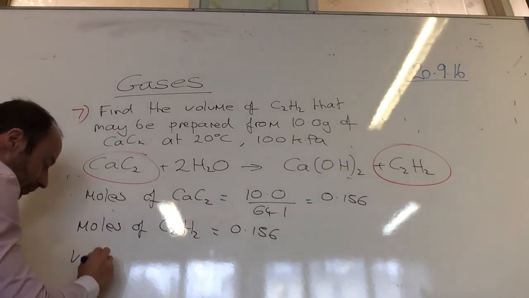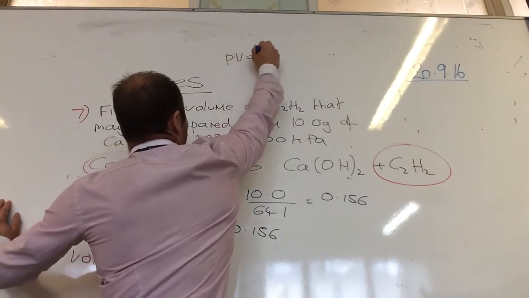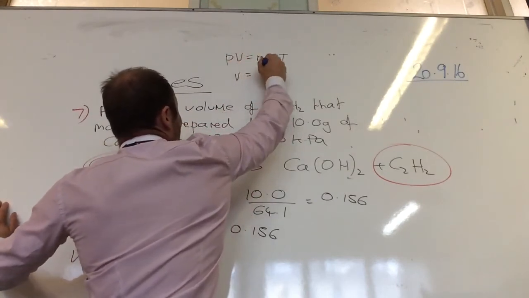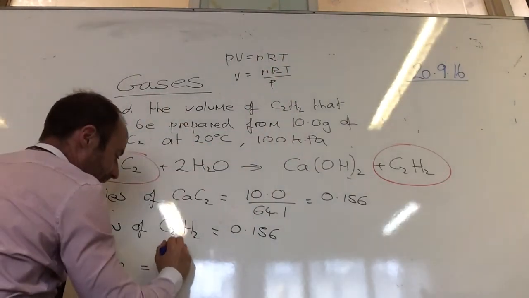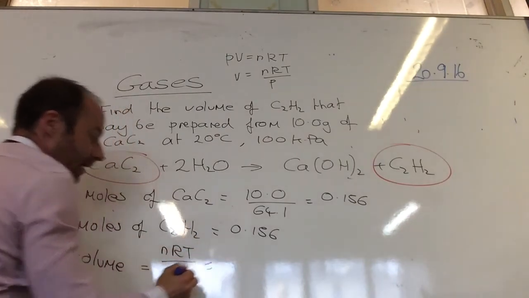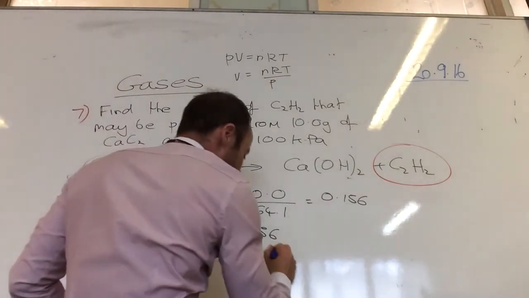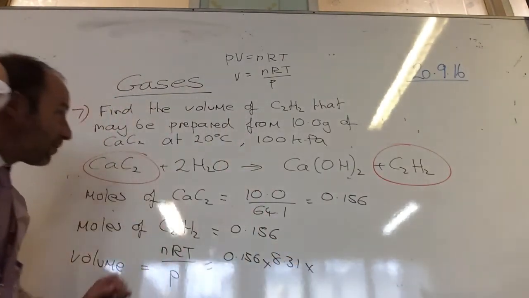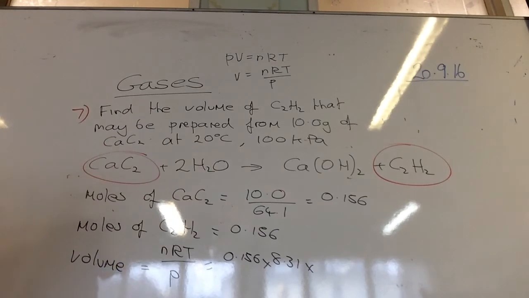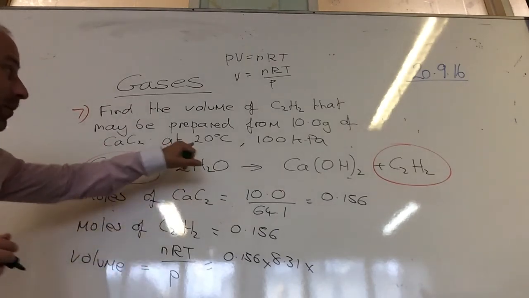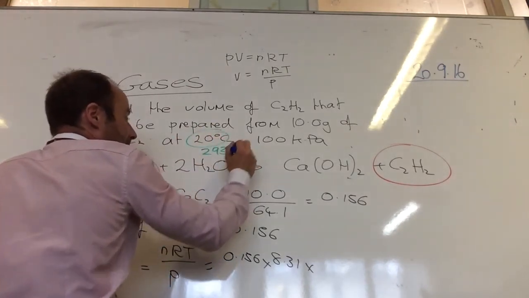So the volume, if I go back to my ideal gas equation, PV equals nRT, so the volume equals nRT over P. n is 0.156, R is 8.31. The temperature they've told us is 20 degrees C, so that's 293 Kelvin.